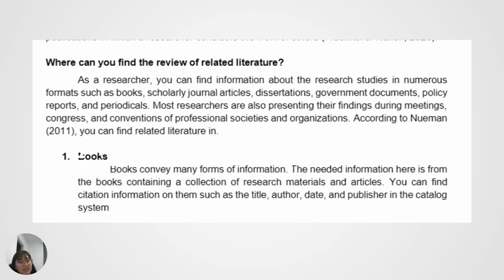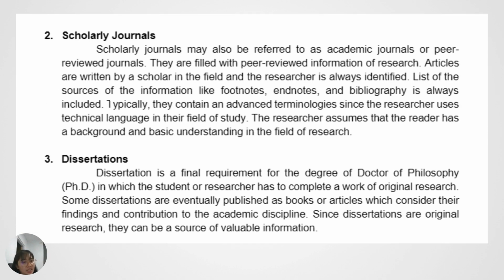You can find related literature in, of course, books. Next, scholarly journals, which are our top priority when we are looking for literature. So you will need to have scholarly journals as your primary sources.